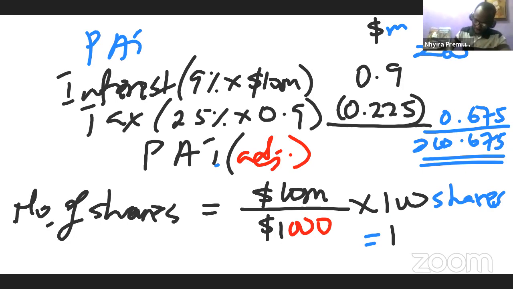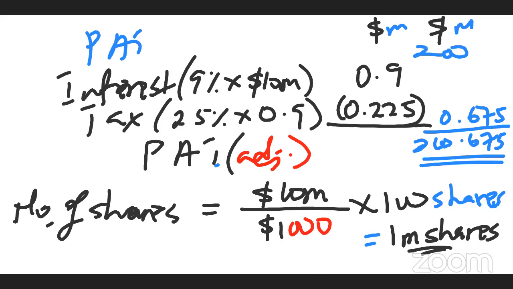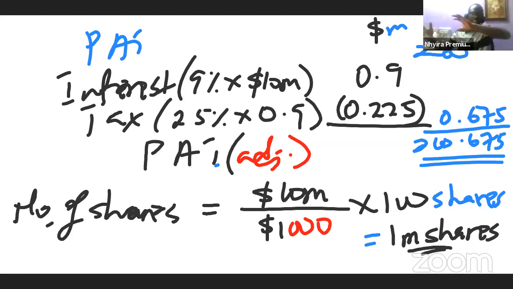I'm getting 1 million shares. Yes, it should be 1 million, because when we cancel 2 zeros here and do 10 over 10, it should be 1 million shares. Okay, good. So the number of shares that the bondholders or the stockholders will get will be 1 million shares.